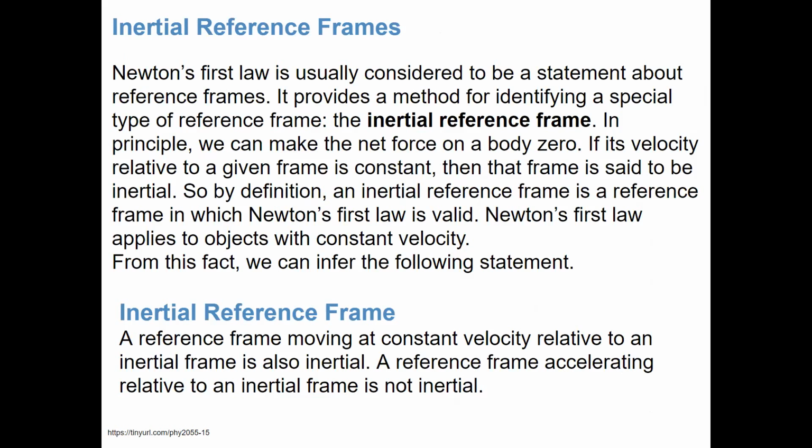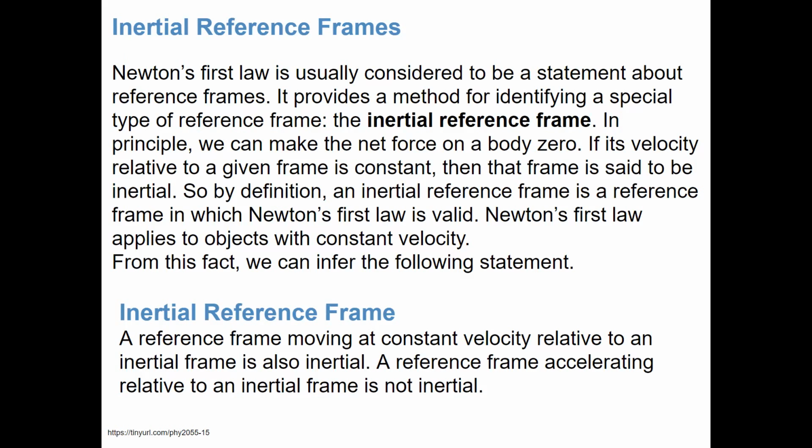So when we talk about Newton's first law of motion or the law of inertia, we can also bring up this concept of inertial reference frames. When we talk about the motion of an object, if it's having constant velocity, then we can use the object as our inertial frame of reference.